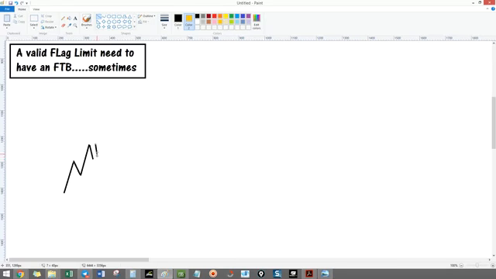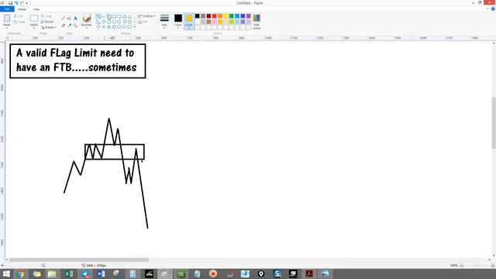This flat limit, and then it went up, and then it touched, and then it went up again. Like that. This one got the FTB, and then it got broken. Do another stuff like it always does the MPL and then broke down.